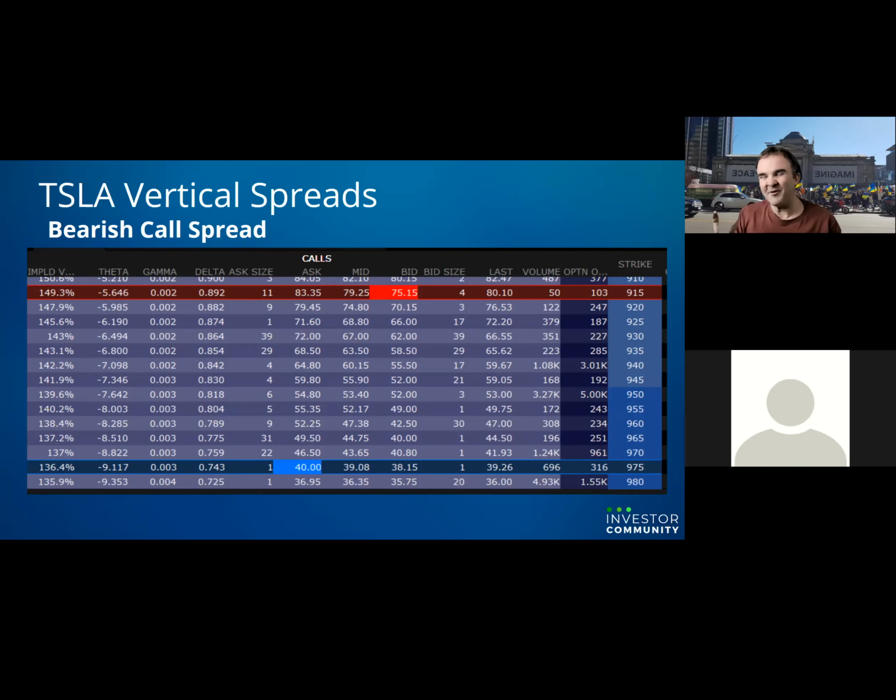Now, if you're on Interactive Brokers, it works a little differently, although you can flip it. There is a way to flip it so that it makes sense with the way I just explained it. On Interactive Brokers, you still sell it, but you sell it for credit.